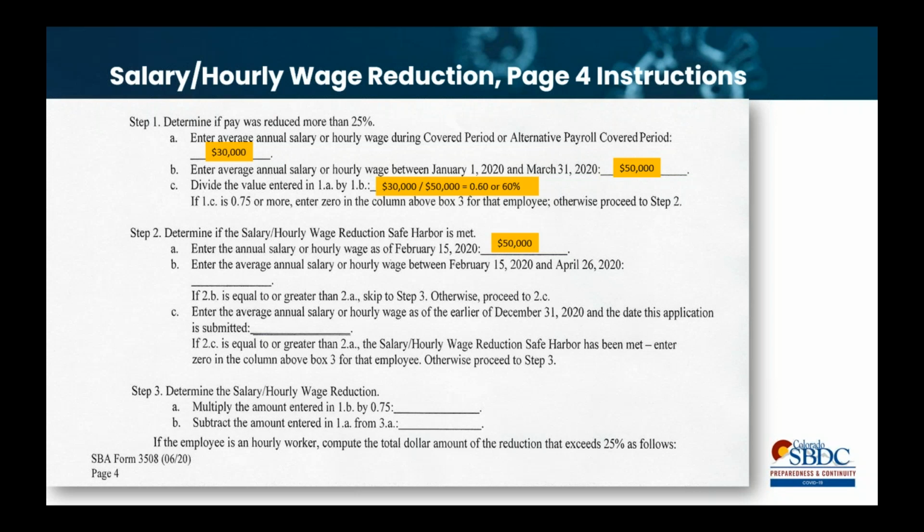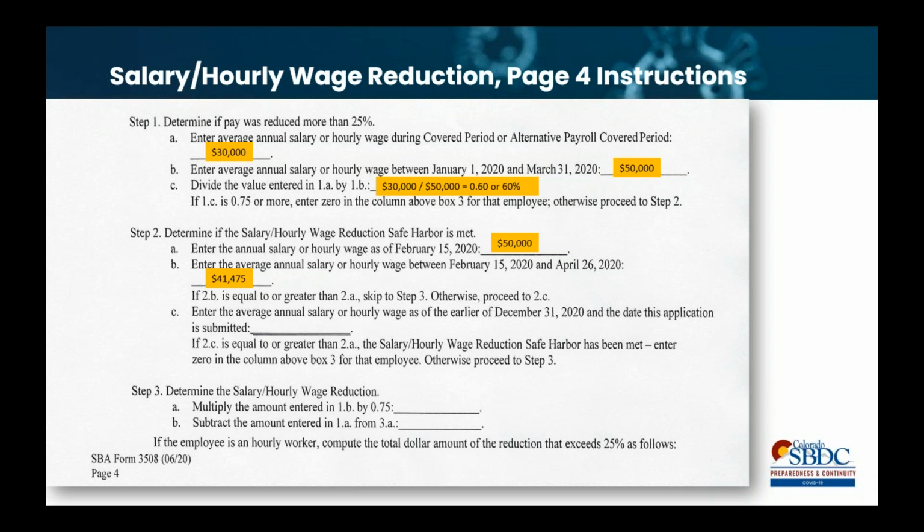So Bob's salary for the period between February 15th and April 26th will be 35 days at $50,000 and 26 days at $30,000, which equals $41,475. This is less than $50,000, so we move to item C, which is one of our safe harbors.